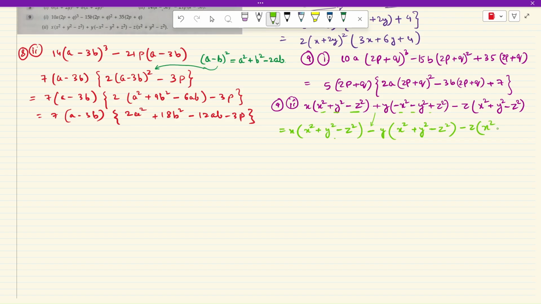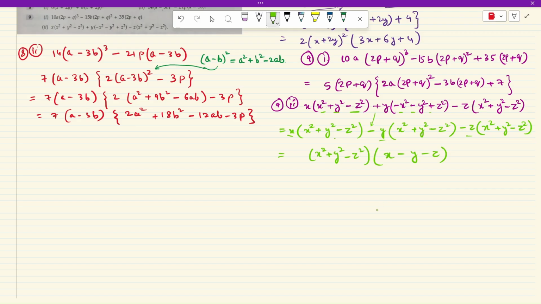So this was the first step. What I did basically over here is that I made everything same. Now I am going to take the (x square plus y square minus z square) as common, and whatever remains is x minus y and minus z.